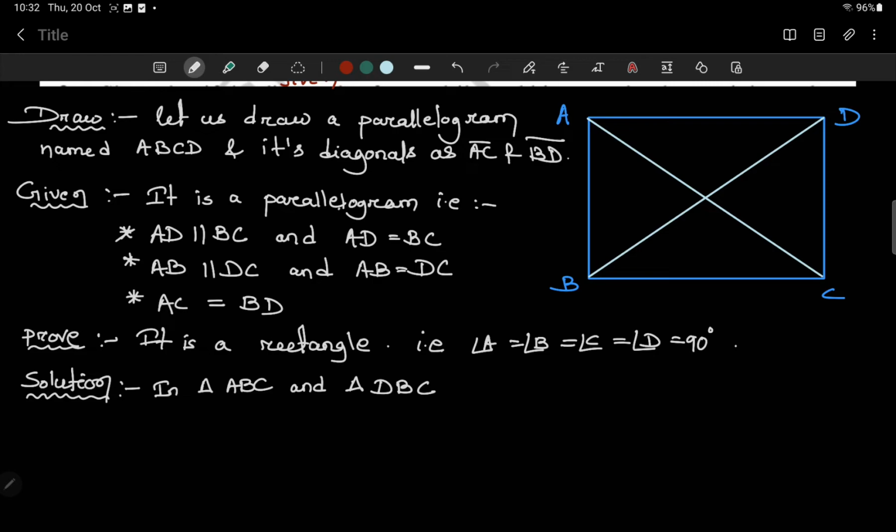See this triangle, let me take this triangle, and which one? This one. This triangle and this triangle.